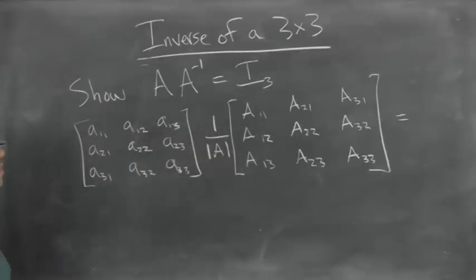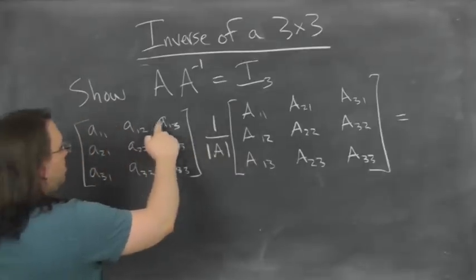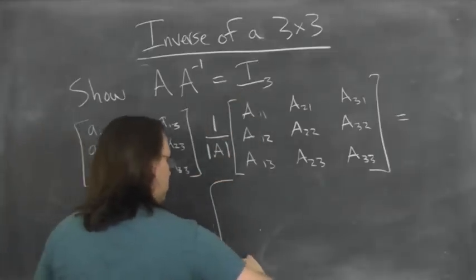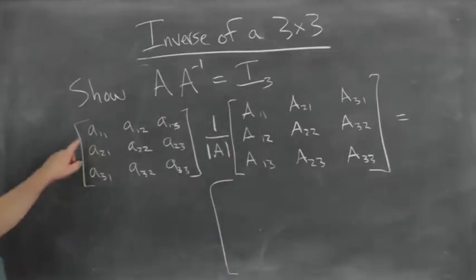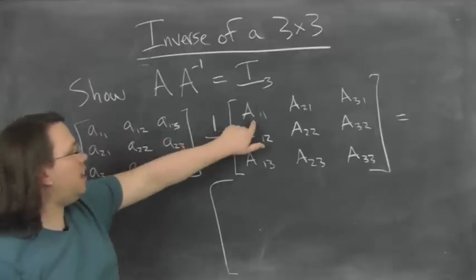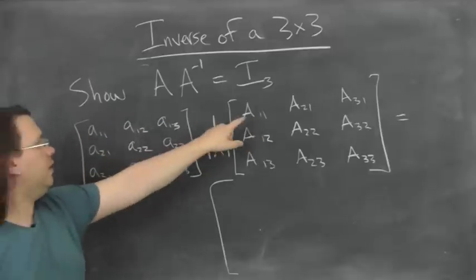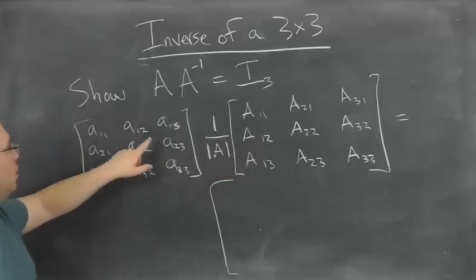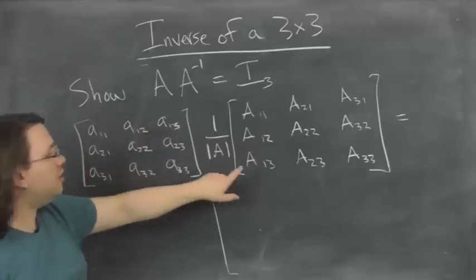So what happens when we multiply this top row by the first column? Well, we get A11 times its cofactor, plus entry times cofactor, plus entry times cofactor.